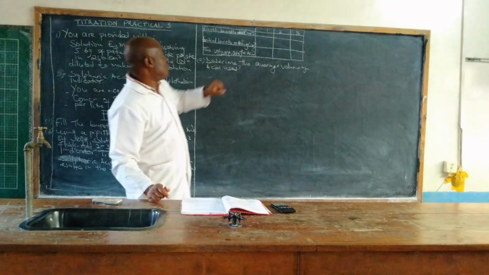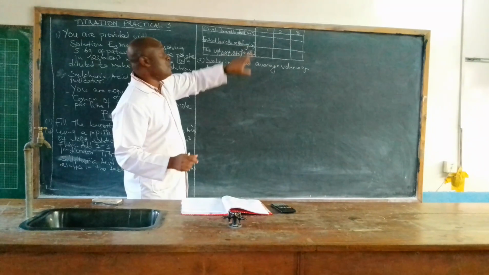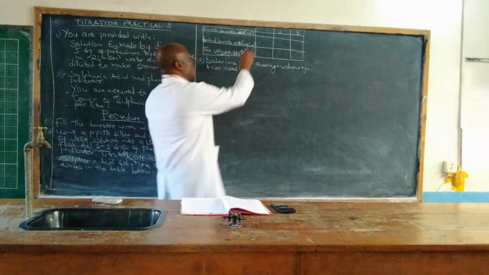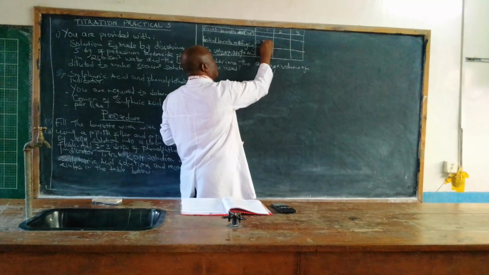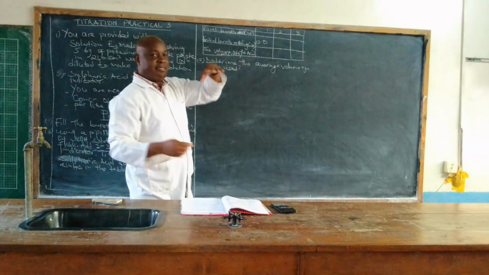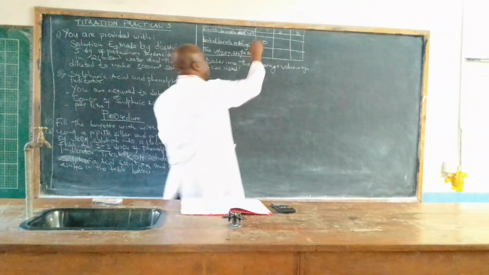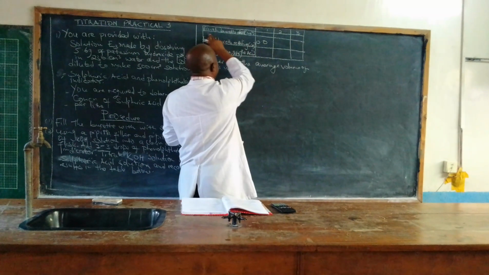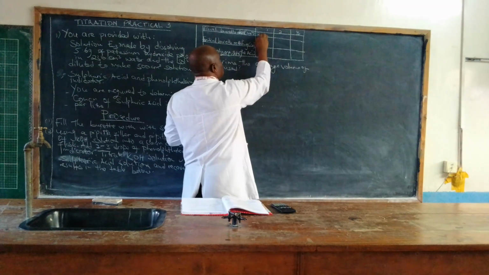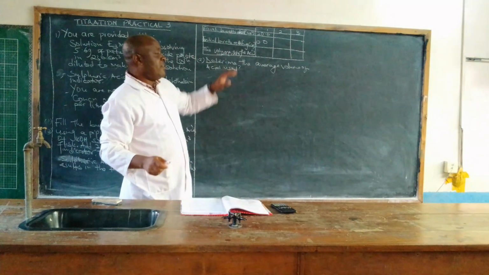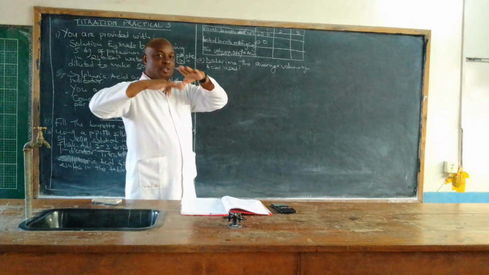For example, let us assume that our initial burette reading, we filled the burette up to the 0 mark, and it was 0.0. Now we have titrated, and then the solution has changed to 20.0. So we come here, we write our final burette reading 20.0. Now, after we have done that, we have stopped at the mark 20.